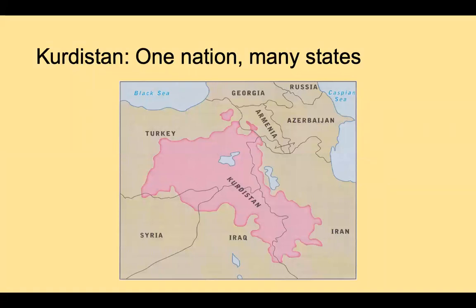They don't have a state of their own. They're often a minority in a place where some other nation is essentially in power or controls the state. So we have one nation, many states in Kurdistan. Korea is another example. There are examples in Africa as well, including in Nigeria and surrounding countries.